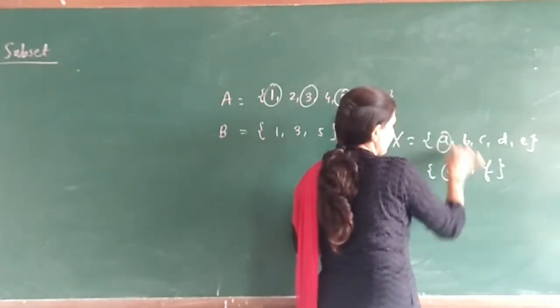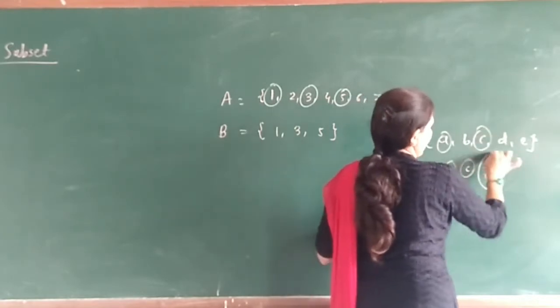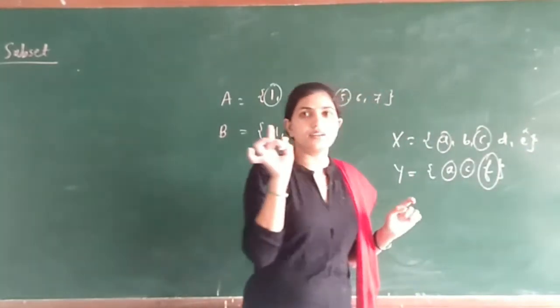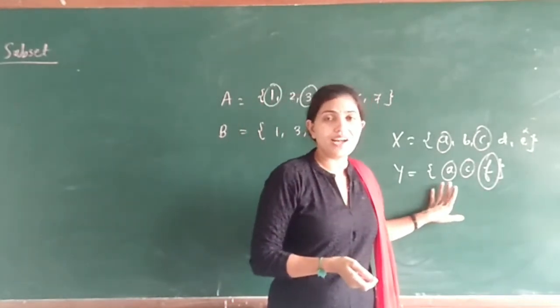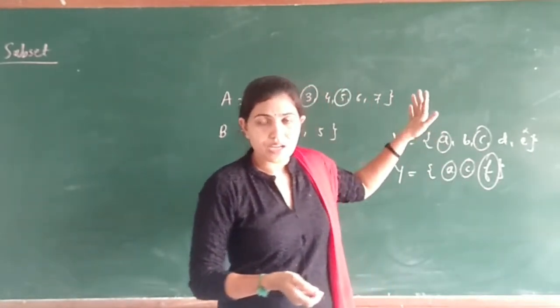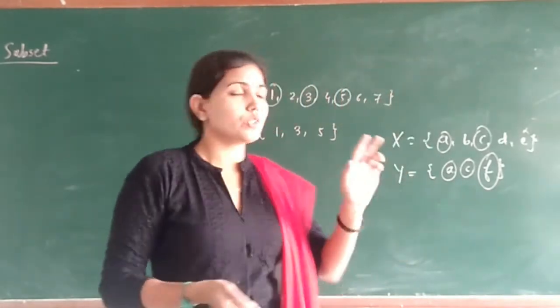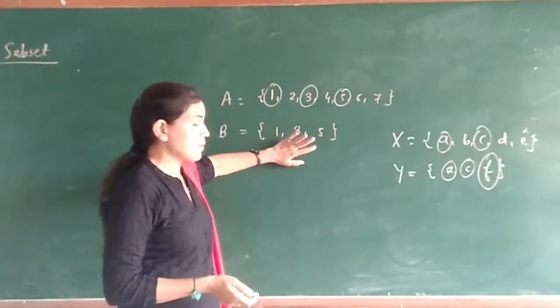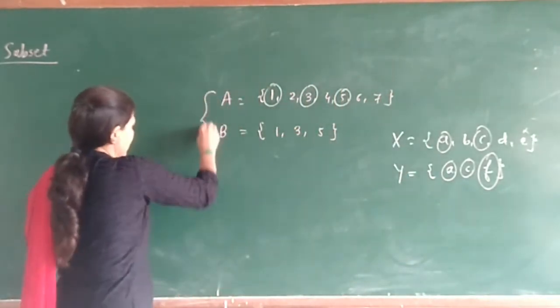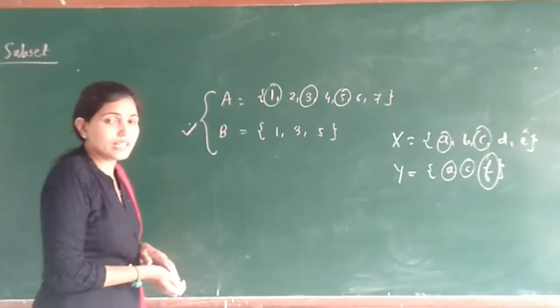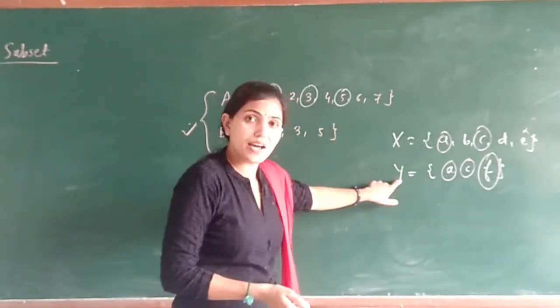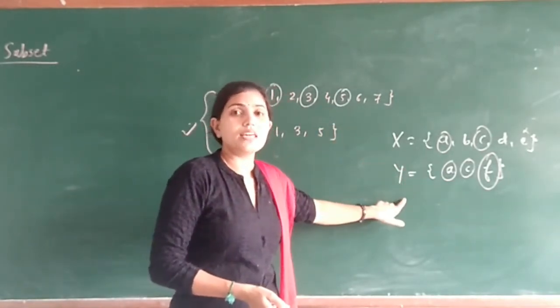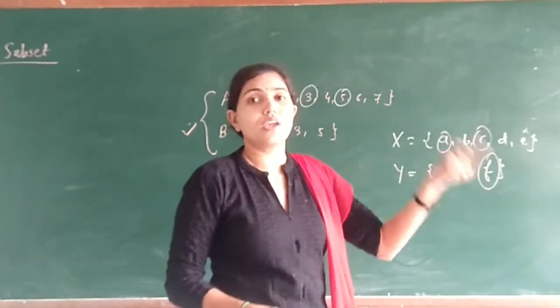So you can see F is not there. So that means we can say all the elements of y are not the elements of x. So in that case, तो जब भी आपके पास ये फर्स्ट वाला केस सेटिस्फाई होता है, then we can say B is a subset of A. If this is there, then we can say y is not a subset of x.